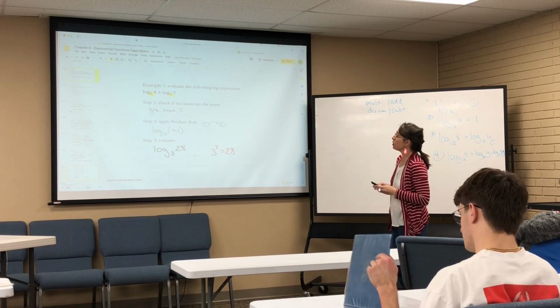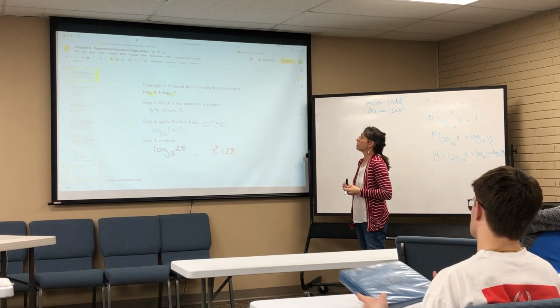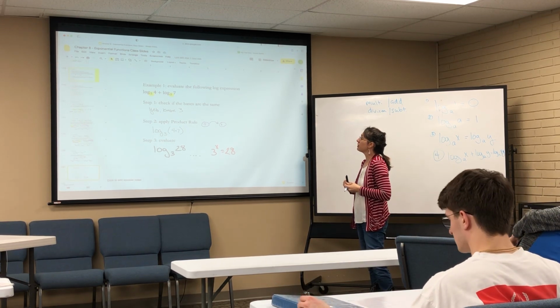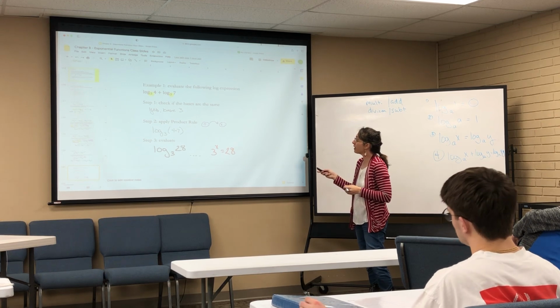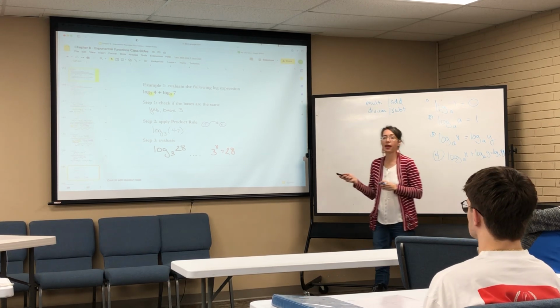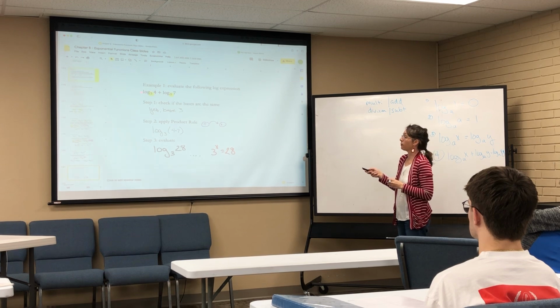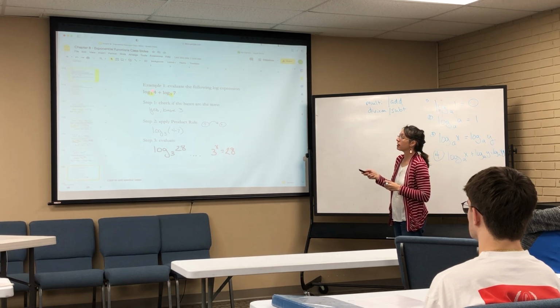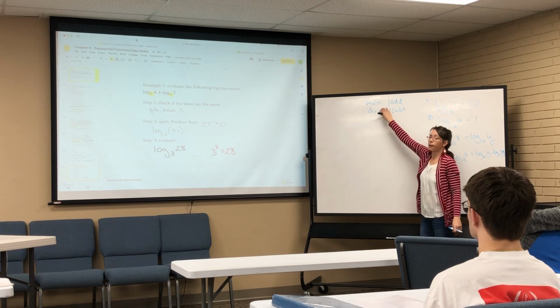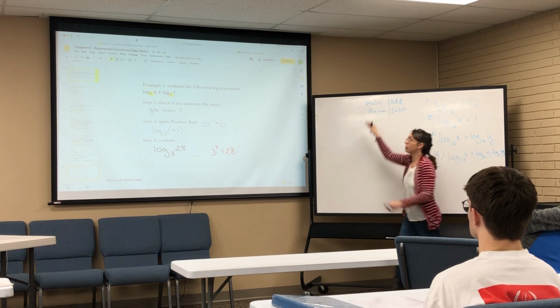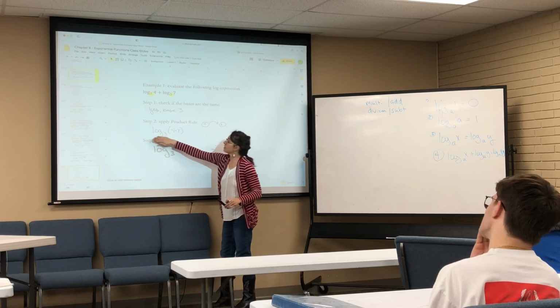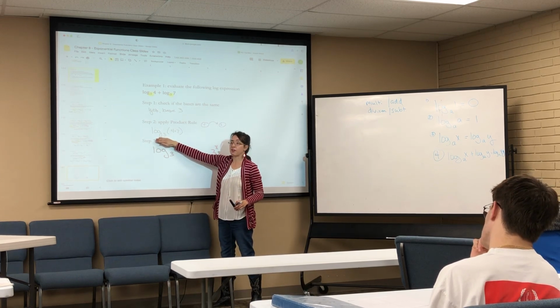So for this first one, log 3 of 4 plus log 3 of 7, check if our bases are the same. Do our bases match? Yes, they're both base 3. When they match and we have addition, addition is the friend of multiplication. So I can rewrite it as log base 3. The family has to stay the same.